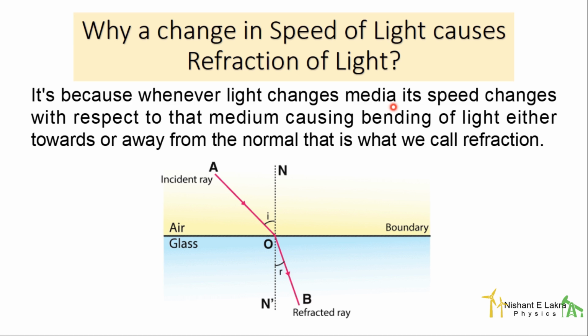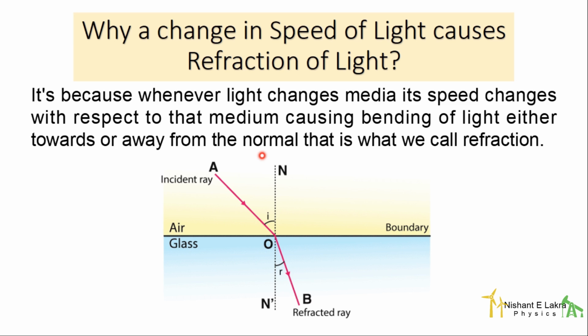And if we compare air and water, air is rarer and water is denser. So whenever light changes media, its speed changes with respect to that media, and that causes bending of light. Either it will bend towards the normal or away from the normal. We'll be understanding this in the next point.